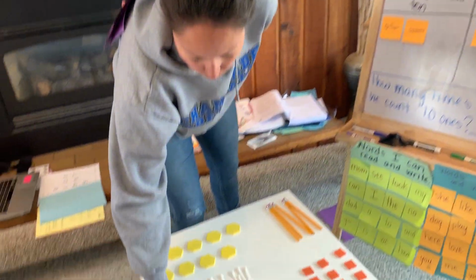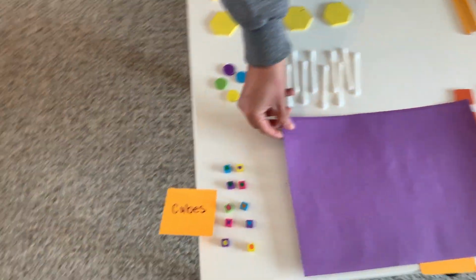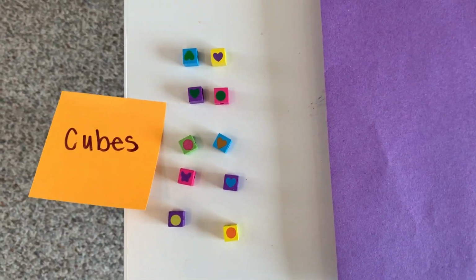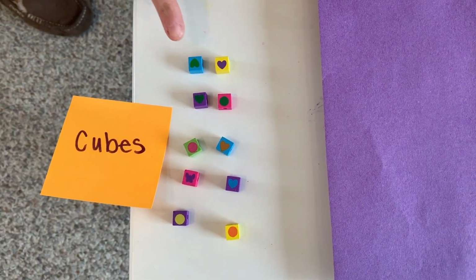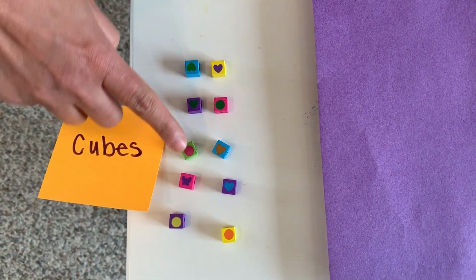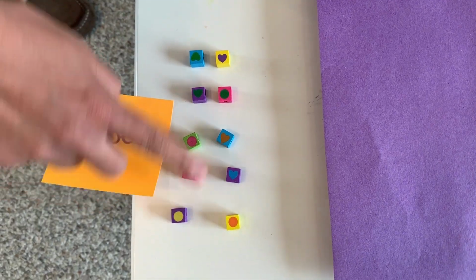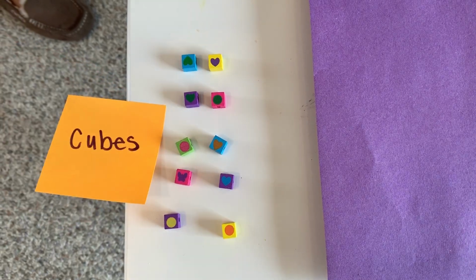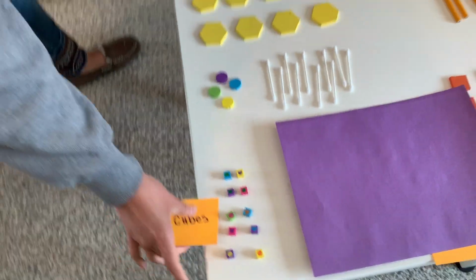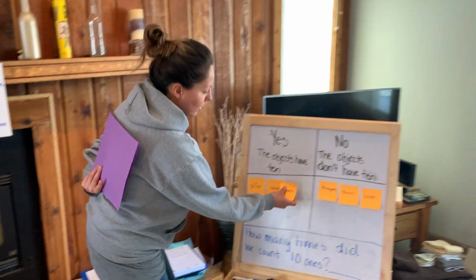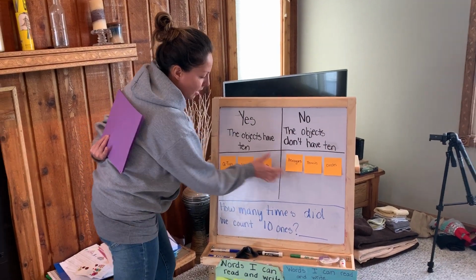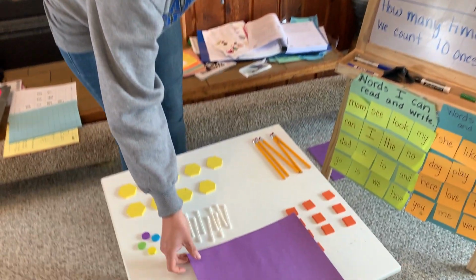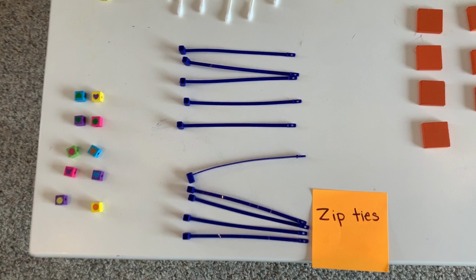All right, we have 2 more left. Our next one is going to be cubes. Let's check those cubes out. Did you get 10? I did. I'm going to put my sticky note right there. And then our last and final one is going to be zip ties.